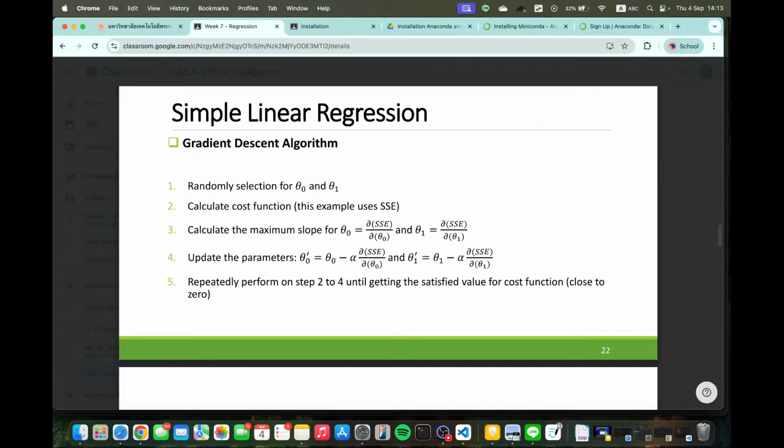And in the equation of y predict we have theta 1 and theta 0, but right now we focus on theta 1. In the next calculation I will show you theta 0, but this one I will focus only on this.